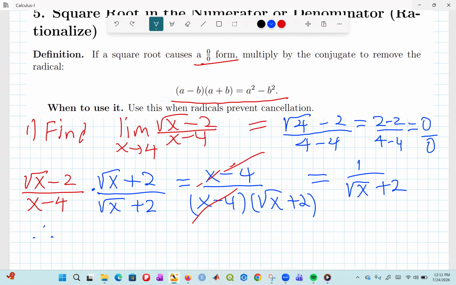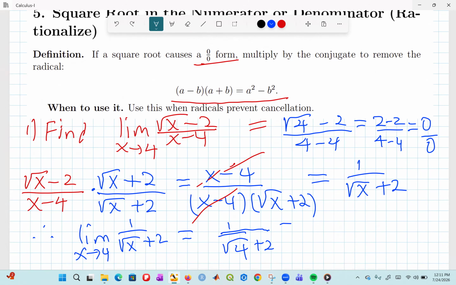Just direct substitution, right? Limit of 1 over square root of x plus 2 as x tends to 4. Using direct substitution, 1 over square root of 4 plus 2 equals 1 over 2 plus 2, which gives us 1 over 4. So this is the limit of square root of x minus 2 over x minus 4, and it exists.